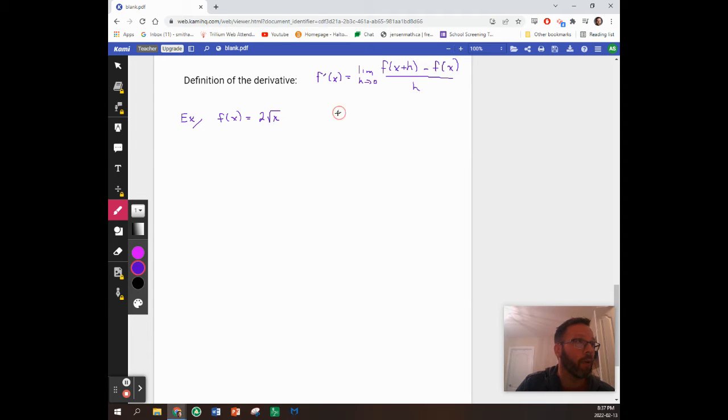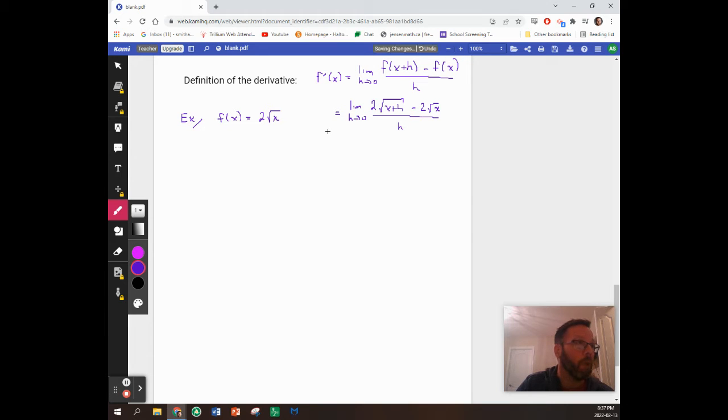So let's begin. The derivative of this function is the limit as h approaches 0 of f of x plus h, which is 2 times the root of x plus h, minus the function f of x, 2 root x, all over h.